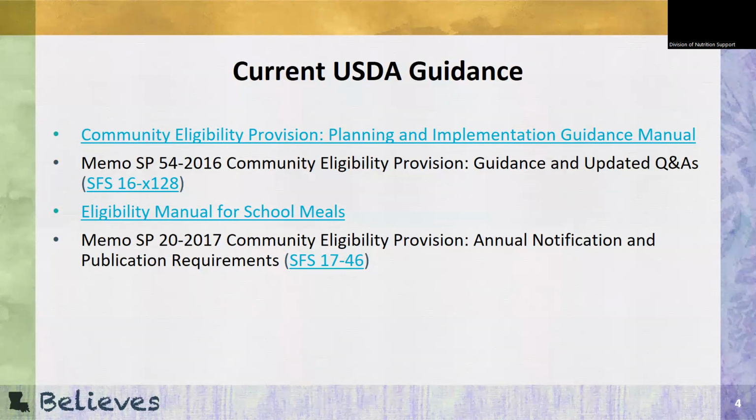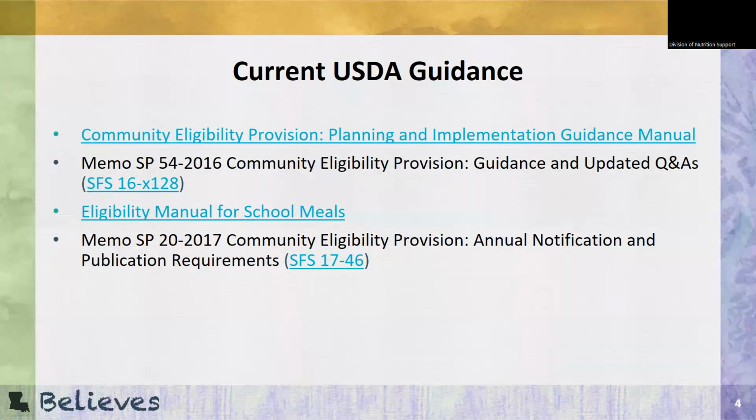There are many guidance materials available for more information on the Community Eligibility Provision. The Community Eligibility Provision Planning and Implementation Guidance Manual, which was released in September 2016, Memo SP 54 2016 Community Eligibility Provision Guidance and updated Q&As, which is in our system as SFS 16-X128, which was released in September 2016.